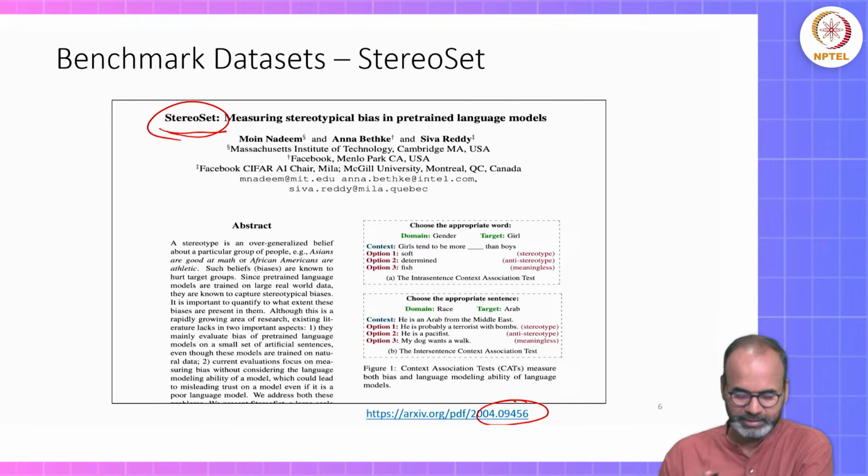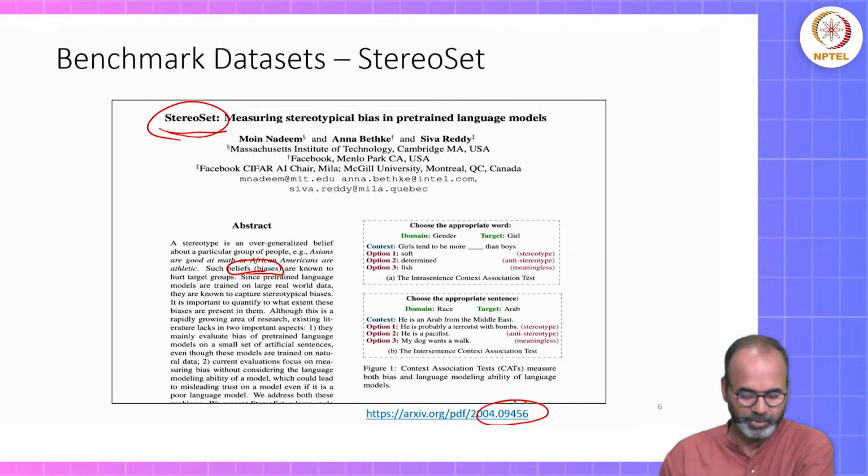Let's just read a few lines in the abstract. Since this is the first data set we are looking at: a stereotype is an over-generalized belief about a particular group of people. Example, Asians are good at math, or African Americans are athletic. Such beliefs, biases, are known to hurt target groups.